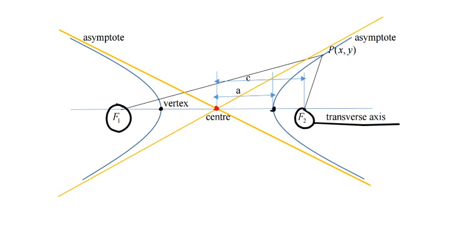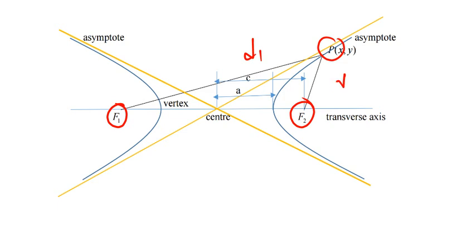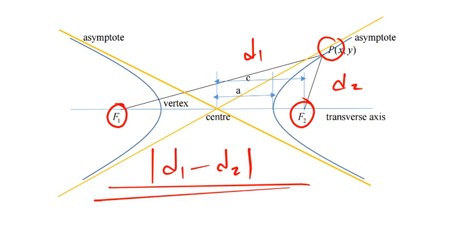And this is a demonstration of what a hyperbola is: measuring the distance from F1 to P, and from F2 to P. Call that D1 and this D2. The absolute value of their difference gives you a constant. It doesn't matter what point you pick, and the set of such points is what defines a hyperbola. You can also measure it from the other side.